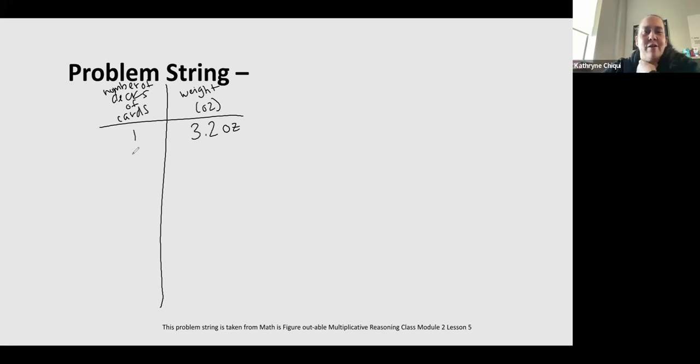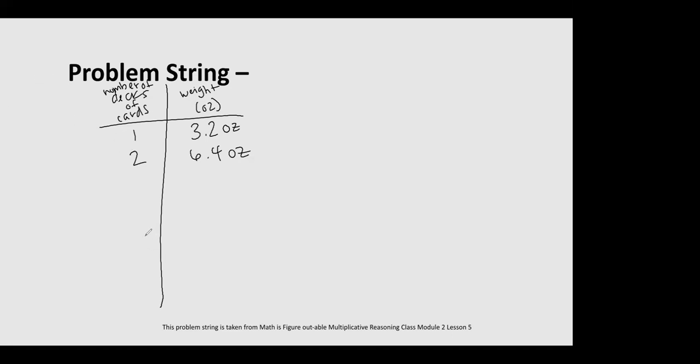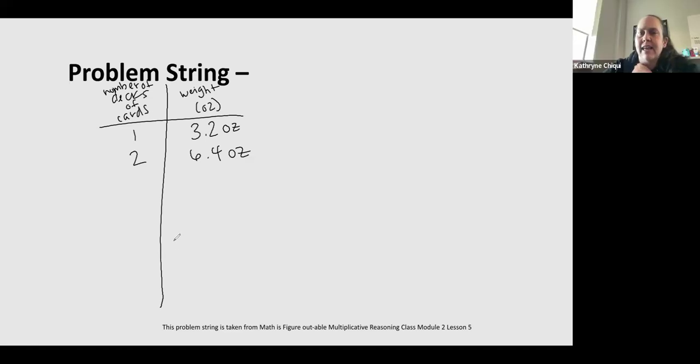All right. So 2 decks of cards we have said is going to weigh 6.4 ounces. And Adam, you said multiply each number by 2. Can you tell me exactly how you got from one deck of cards weighs 3 2/10 of an ounce to 6 4/10 of an ounce?